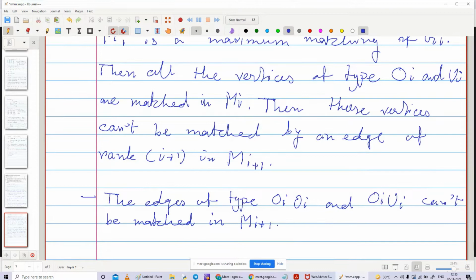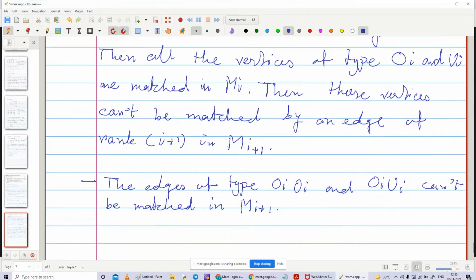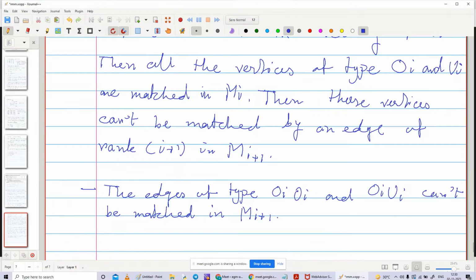So this is the second thing we need to prove. This is also clear. This is also very obvious. Can anyone tell me why it is true? Observe the matching Mi. Can there be an edge of type Oi, Ui or Oi, Oi in Mi? No, right?